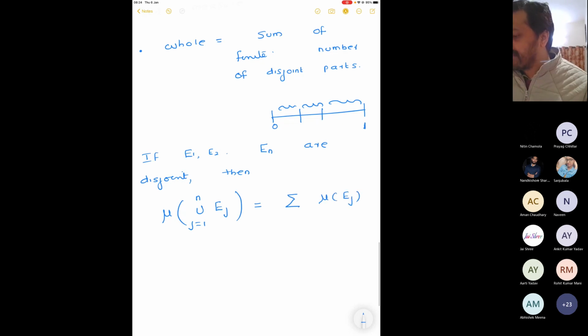So this will give one condition that we are looking for on mu, so that it can be called a generalization of the standard measures we know.